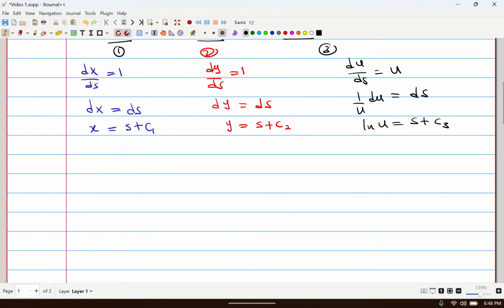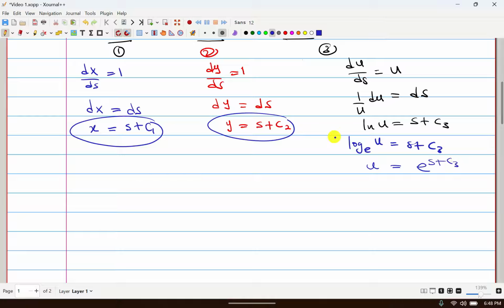And the last part is still not solved, because if you look at the rest of the problem, this one is solved with x equal to something, y equal to something. I need to get u equal to something, not natural log of u. So since natural log is of the base e, I just have to raise each side of the equation to e to something, and that will give me u equals e to the s plus c3.